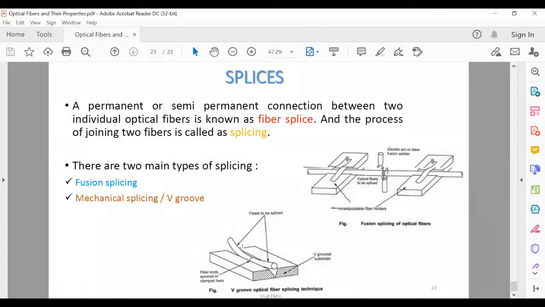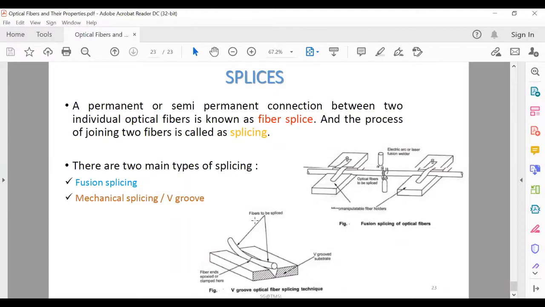Then the mechanical splicing or V groove. Here it joins two fibers together by clamping them with a structure or by epoxying the fibers together. Now, mechanical splices may have a slightly higher loss and back reflection compared to fusion splicing.